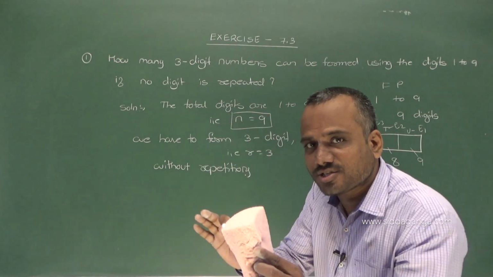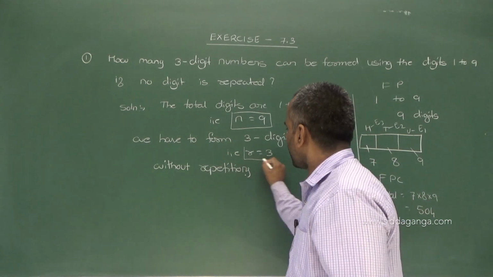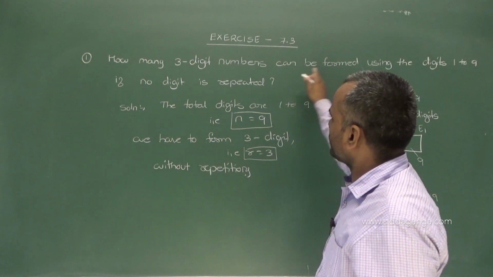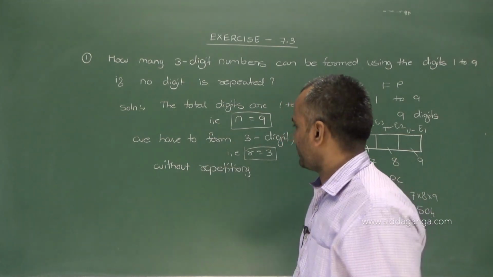We have to form 3-digit numbers, arranging 3 at a time, that is r is equal to 3. One more very important thing: without repetition.